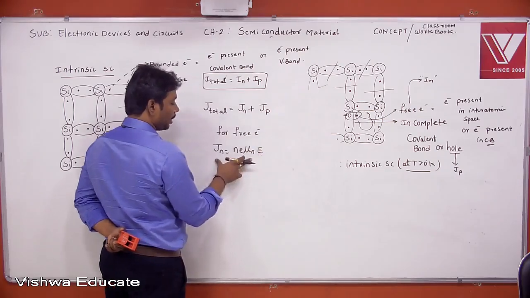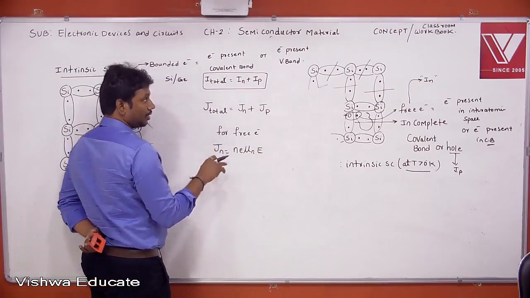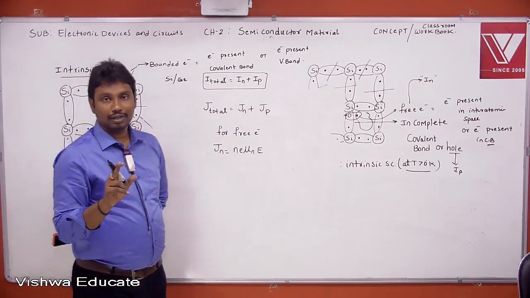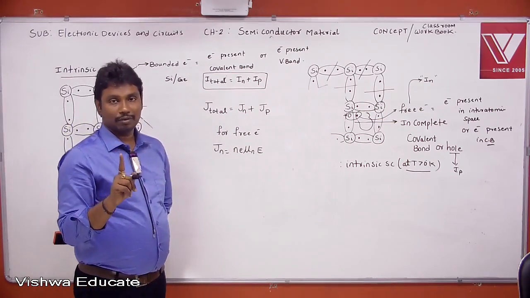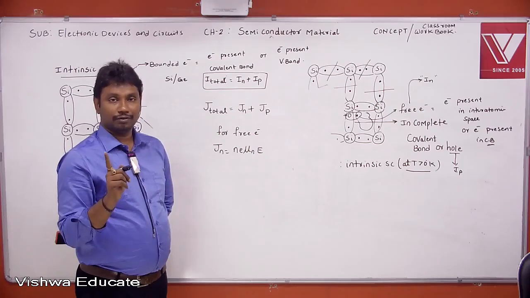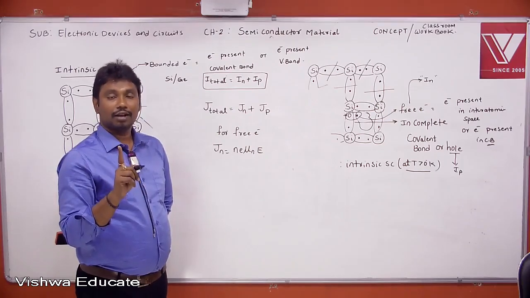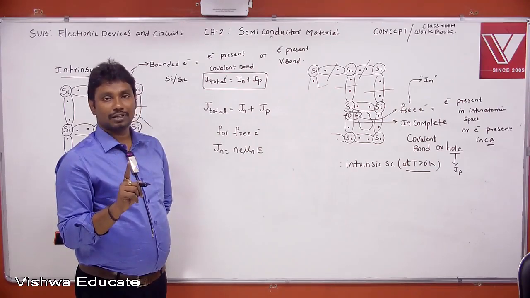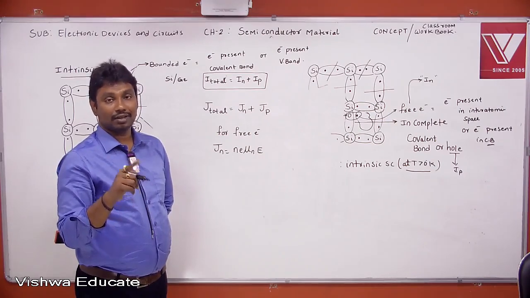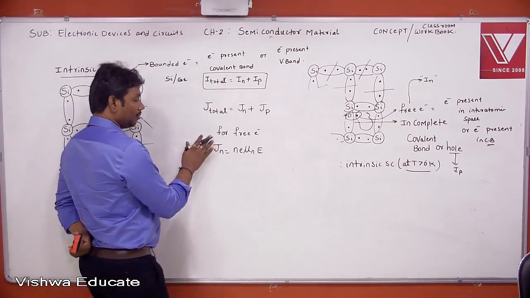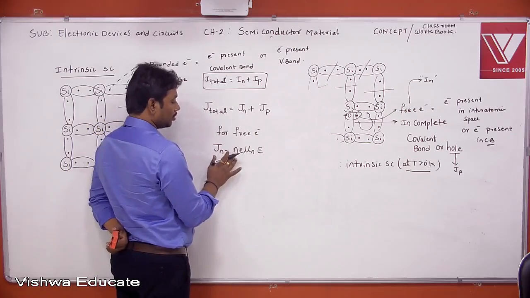This we already derived, the current density in a conductor. In a conductor, current density is due to only one type of charge carrier, free electrons. But in a semiconductor, the current density is due to two types of charge carriers, free electrons as well as holes. The same derivation is applicable here also.